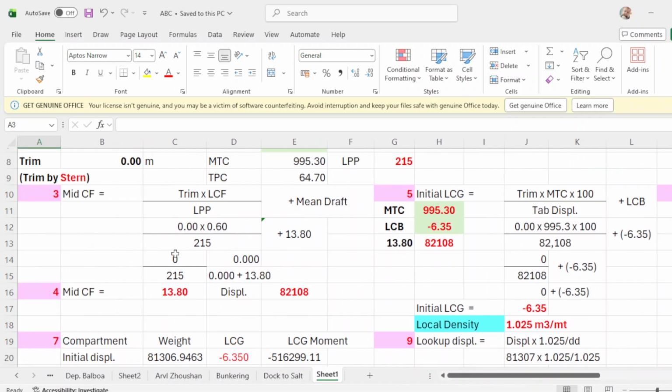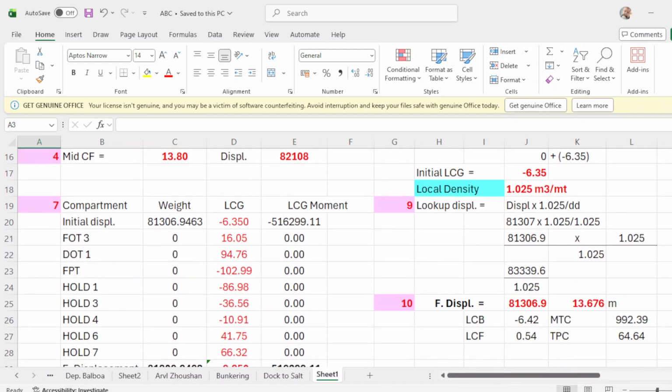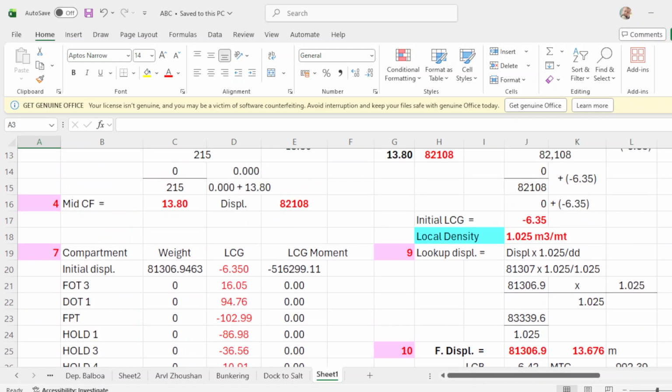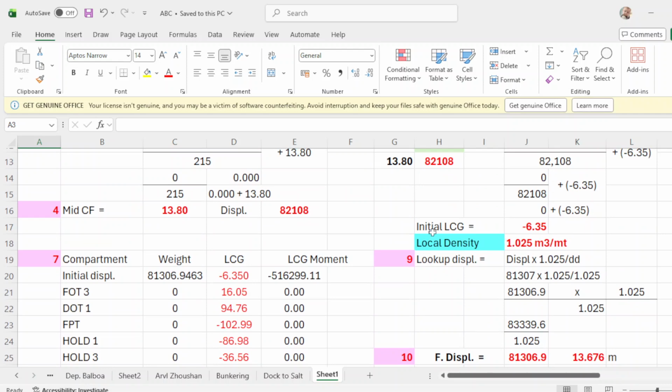Your initial LCG is negative 6.35. Multiply LCG by your weight and you will have the LCG moment.